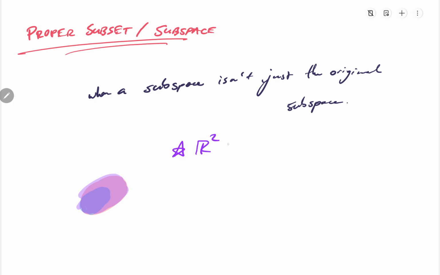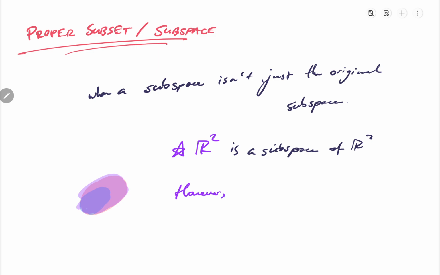R2 being a subspace of R2, actually, I think I have the symbols mixed up, but whatever. So R2 is a subspace of R2.